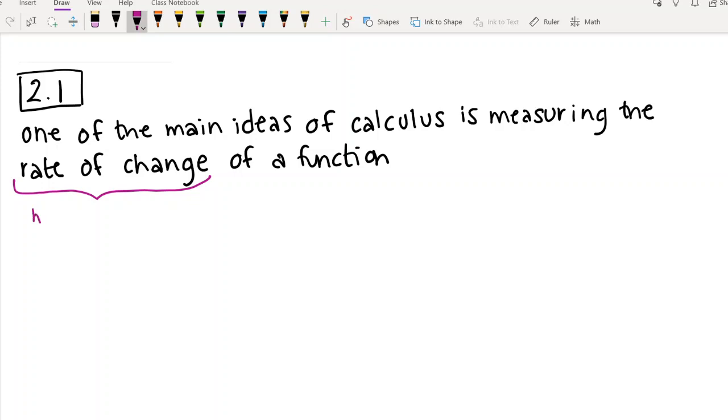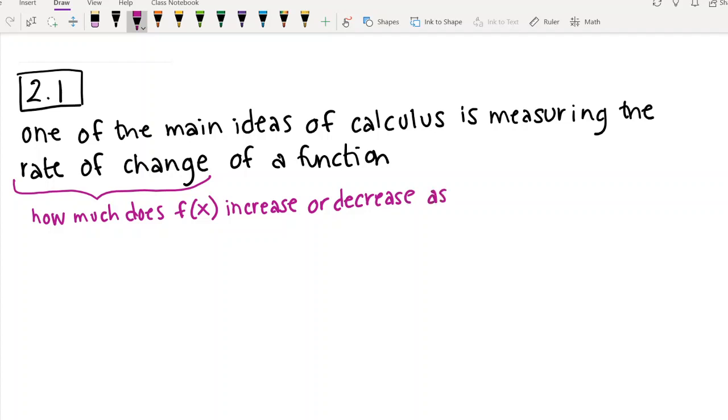So how much does your function f of x, how much do the outputs either increase or decrease as x increases? That's a general way that you can talk about the rate of change.